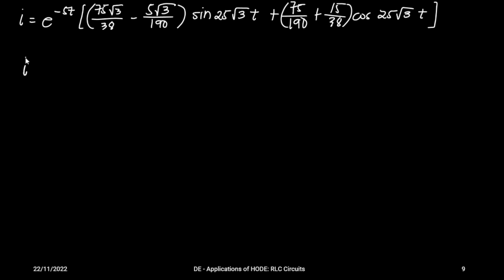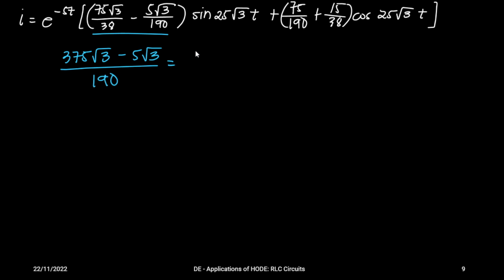No, so, we have I is equal to e raised to negative 5t. So, sige, mamaya na natin sulat yung buo. Focus muna tayo dito sa ating fraction. No, so we have 75 times 5, that is 375. So we have 375 square root of 3 minus 5 square root of 3 over 190.